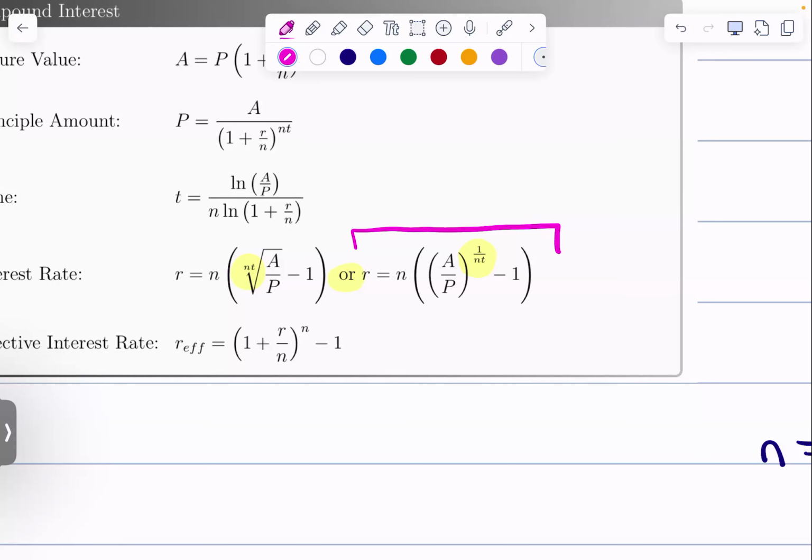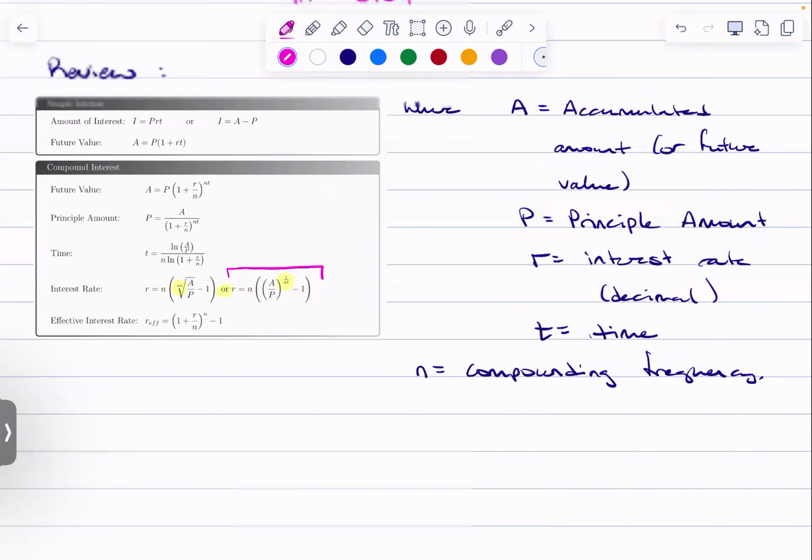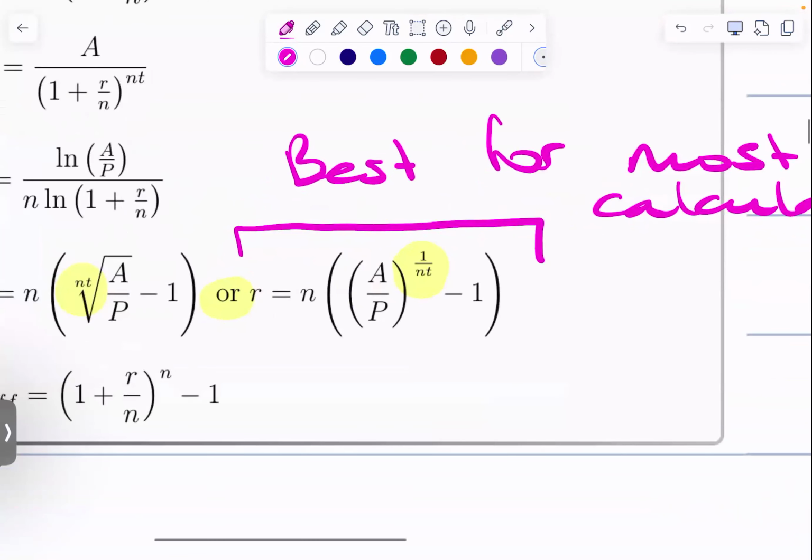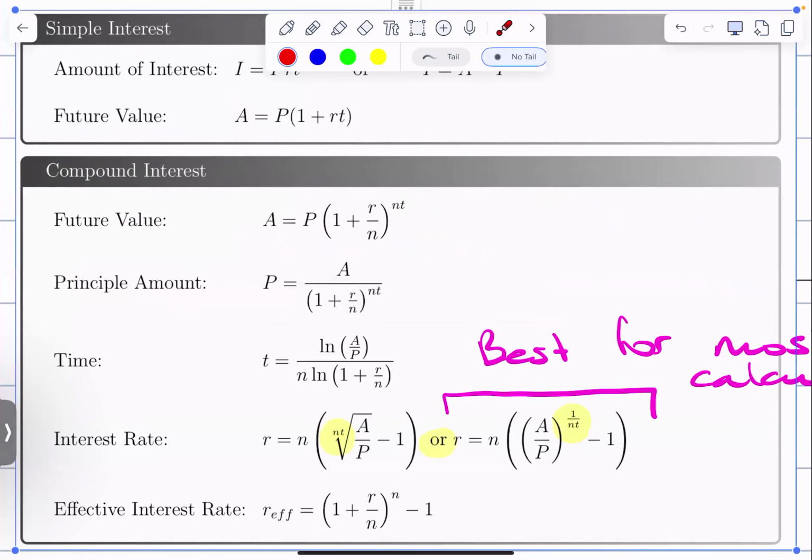Most calculators don't have that. So this one is the best for most calculators, where if we want to take the n times tth root, you raise the number to the power of 1 over n times t. You don't need to remember that, it's on your formula sheet, but you do need to know how to use it.